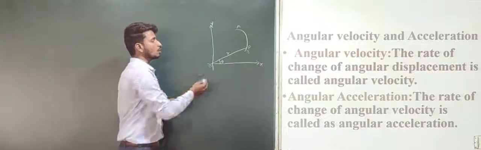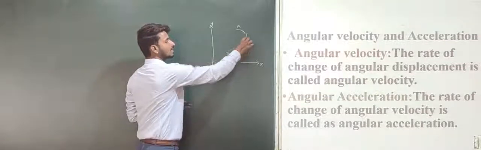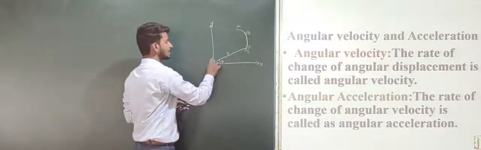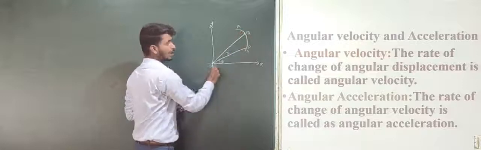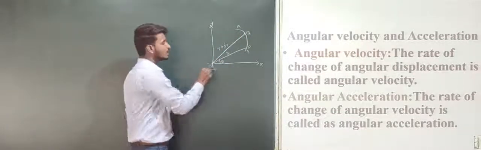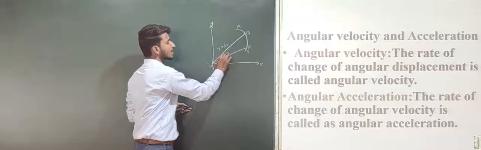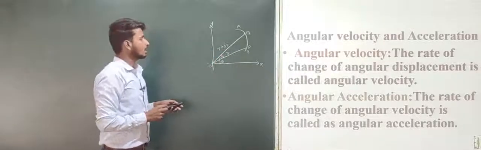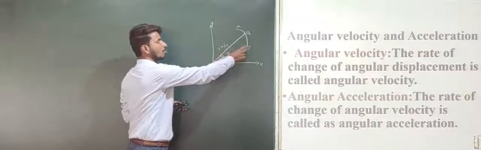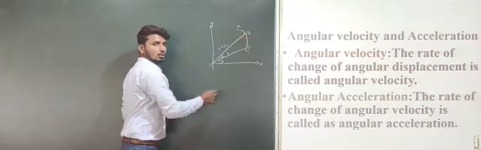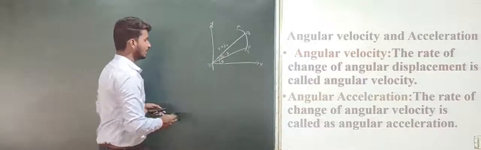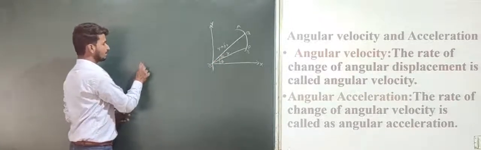And after some small change in time, the particle reaches another point Q by traveling a distance R plus delta R and making a small change in angle, that is delta theta. Here the particle has moved from P to Q by making a small change in angle delta theta, that is angular velocity.